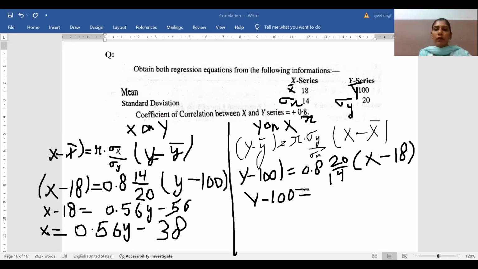So we have 1.14x. We will multiply 1.14 with the value of x, minus 1.14 multiplied by 18, which comes to 20.57.